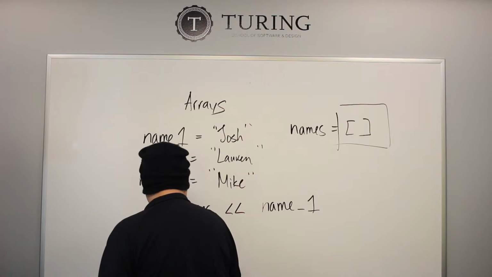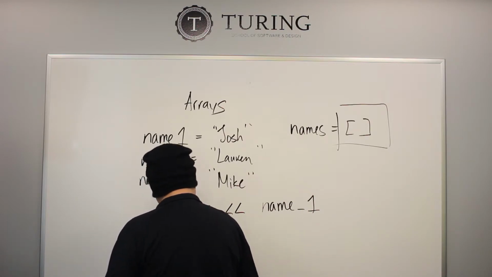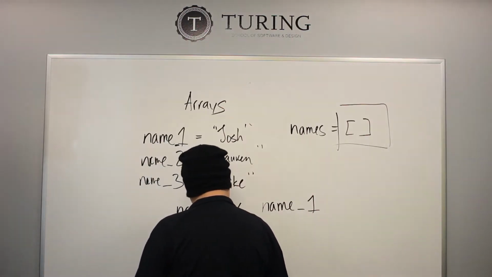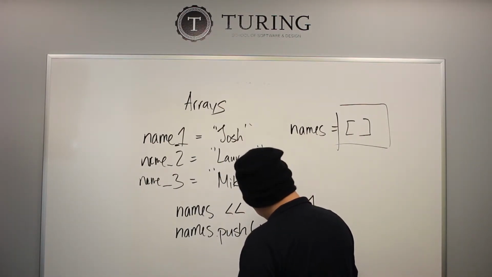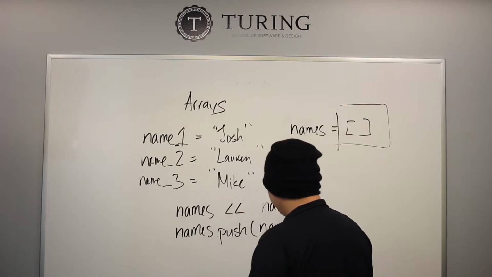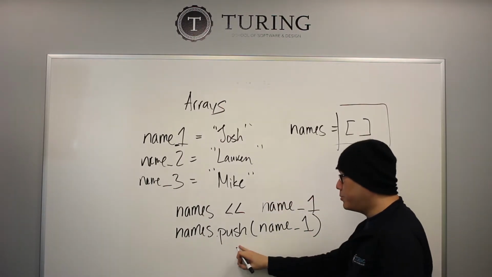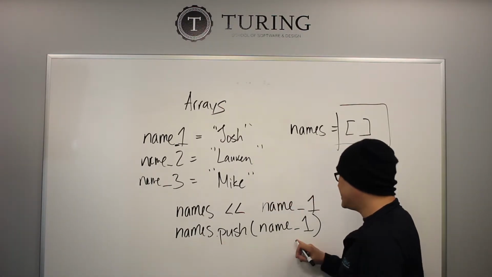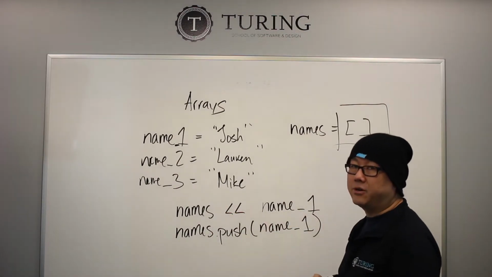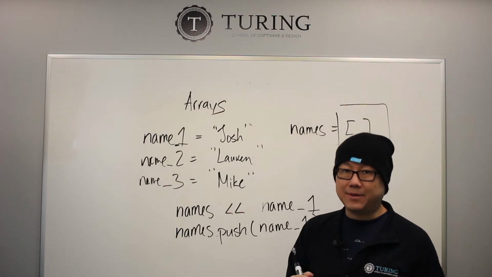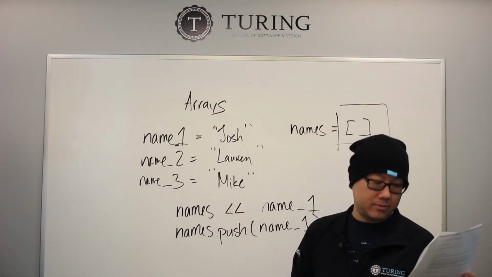Alternatively, there is a second way to get things into this array. We can use the push method. Here, we're running the push method on names, and we're passing name_1 into push. These two techniques do the exact same thing. There's no difference between the two.